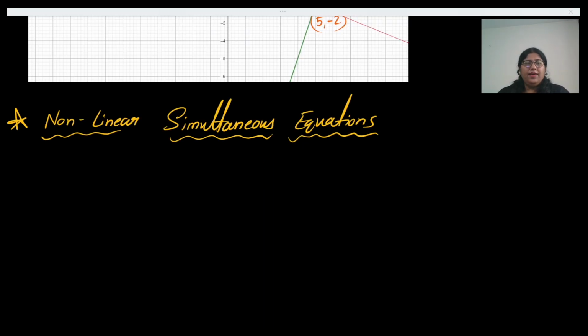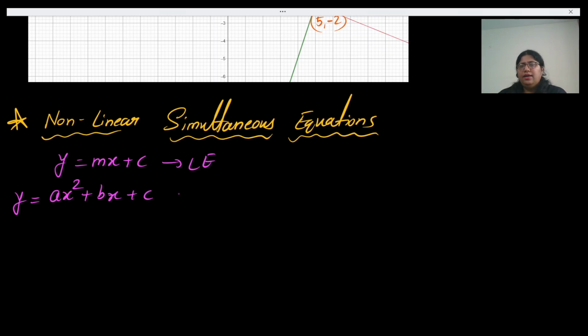Now here, there is another type of simultaneous equation which we call a non-linear simultaneous equation. This means one of the equations is a linear equation and the other is a quadratic equation. If I write here y is equal to x square plus bx plus c, this is your quadratic equation.